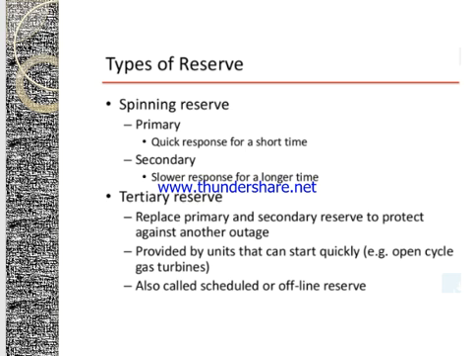Next is the tertiary reserve. It will replace the primary and the secondary reserve to protect against another outage. It is provided by units that can start quickly, like open cycle gas turbines, also called the scheduled or offline reserve.